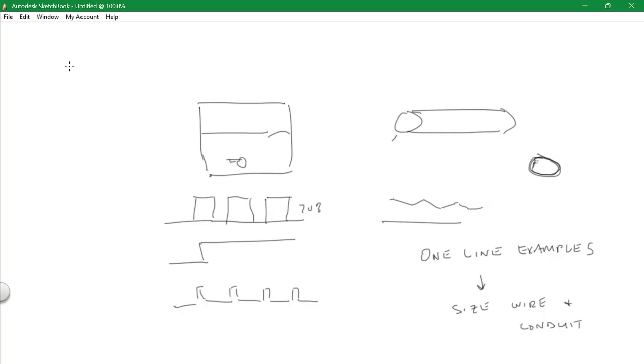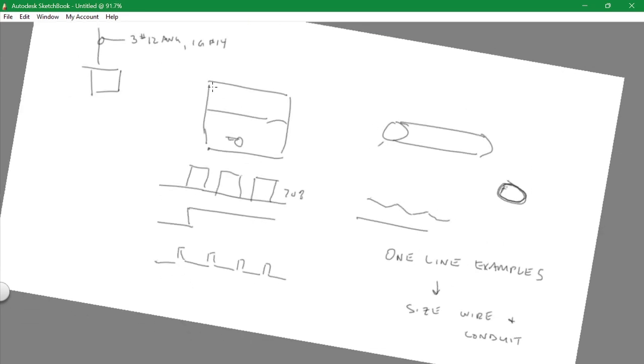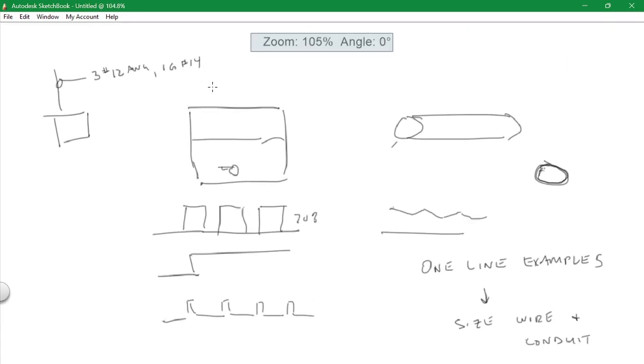So as each of those come down, as you go to a device, you do a little thing like this, and it says 3, number 12 AWG, and 1 ground, number 14 or whatever. But you need to size those as well in a 3/4 inch conduit. So you need to put those tags on as you're doing this. They're not hard, but they're doable.